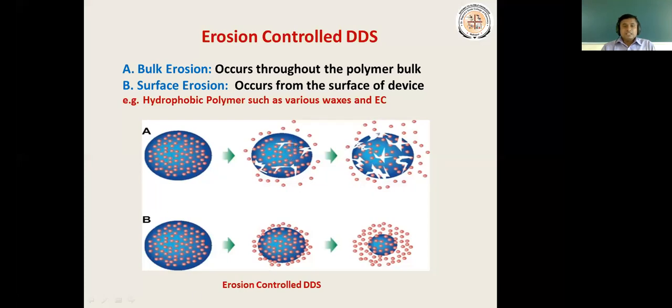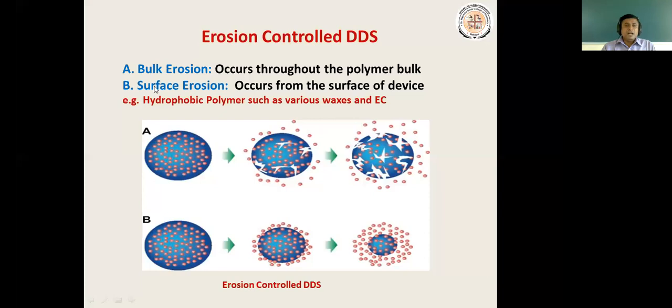This is the degradation, or the erosion. It takes place throughout the system, so bulk erosion is also called homogeneous erosion.